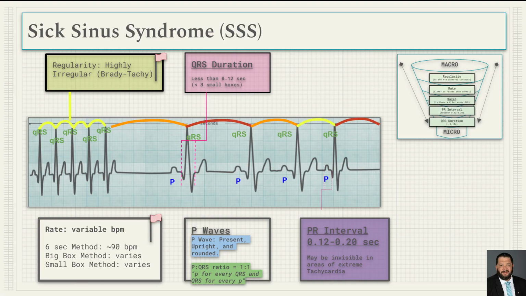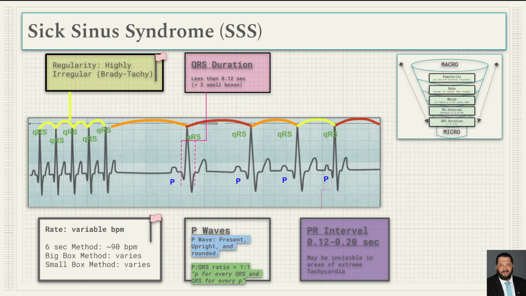Are there P waves present, upright, and rounded? We have 4 P waves marked on the screen here. While your QRS complex is on the left, the T wave is likely overriding your P wave, and you're not able to see them. So while we can't definitively say yes for the complexes that we can see, we have a 1:1 ratio of P to QRS.